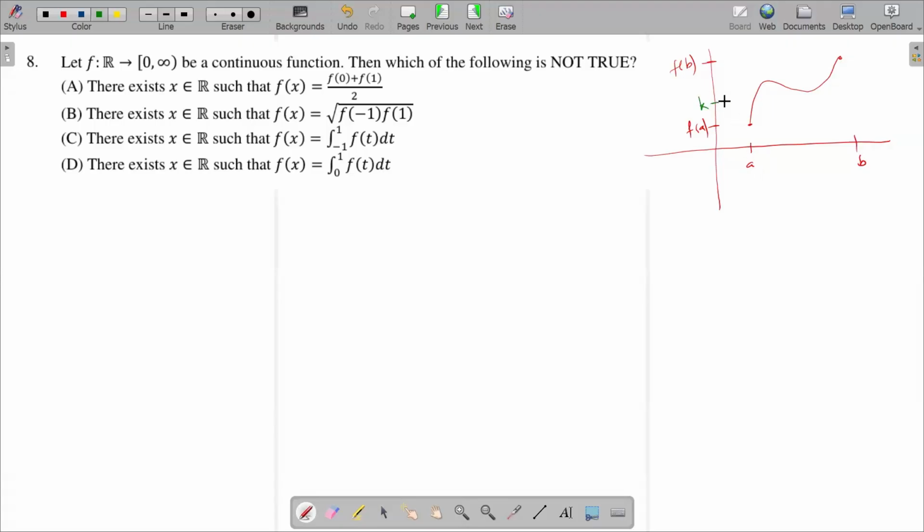For this k, there will always exist at least one C such that f(C) is k. There can be more than one also, but definitely at least one C. So there exists C between A and B such that f(C) is k. This is always true for any k between f(A) and f(B). This is the intermediate value theorem for a continuous function.